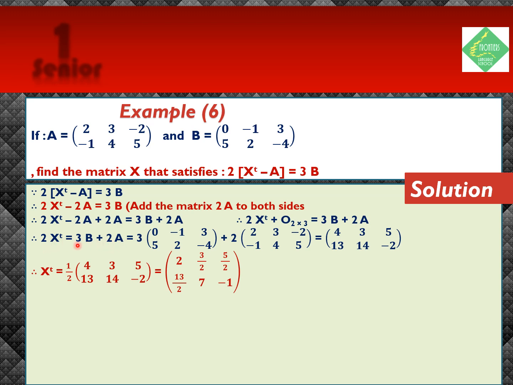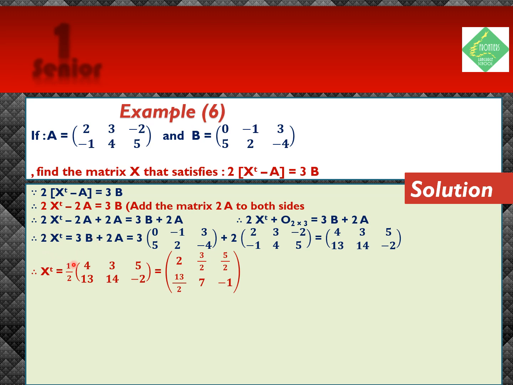You can multiply 3 to the matrix B and add the result of multiplying 2 to the matrix A, which is 4, 3, 5, 13, 14, negative 2. Now you want to get X transpose, but first you have 2 multiplying X transpose, so I will move 2 to the other hand side by dividing.